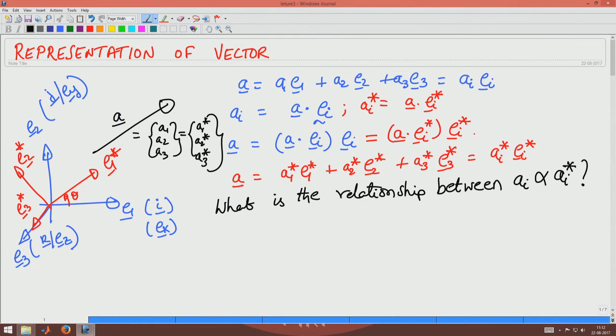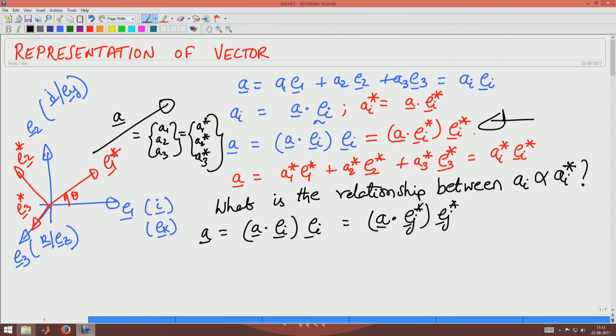So what does this mean? I take this equation, A is A dotted with Ei, and I rewrite this as A dotted with Ej star, Ej star. J is repeating twice, so I can replace J with K or I or A or B or C or D; it does not matter, since it is repeated twice I can change the symbol that I use to represent them, that is what I have done.